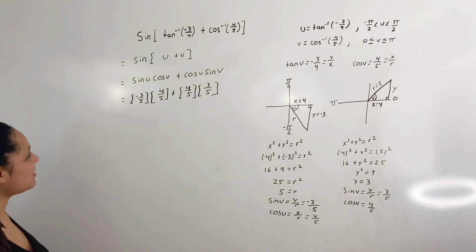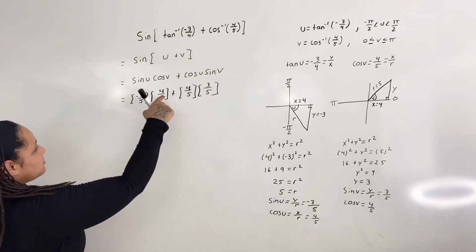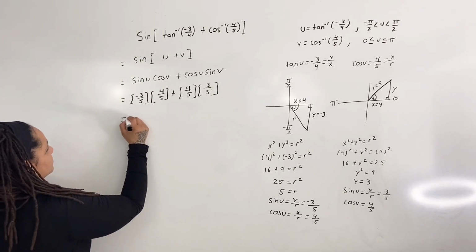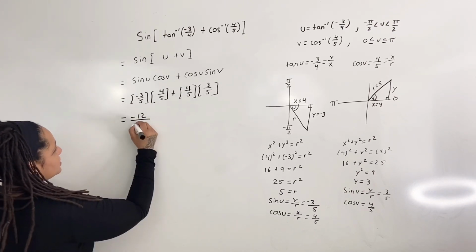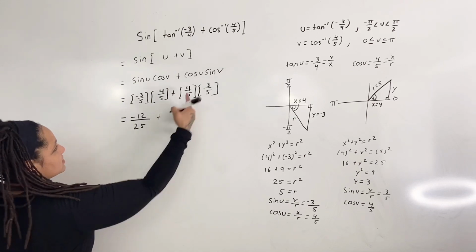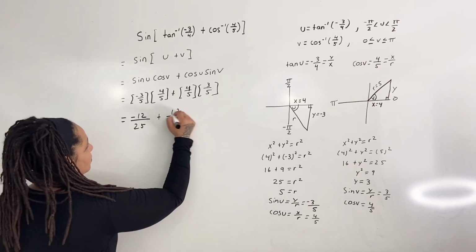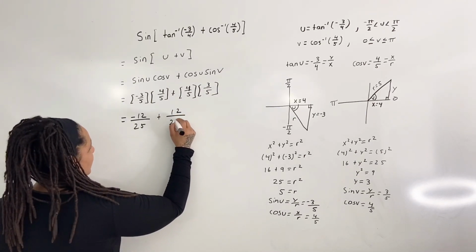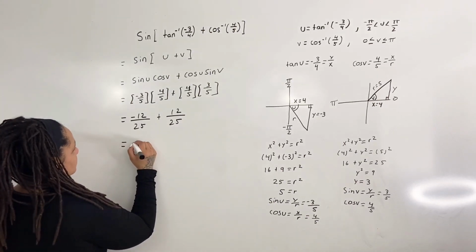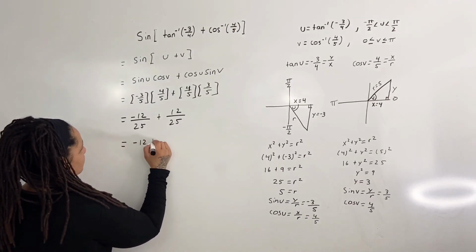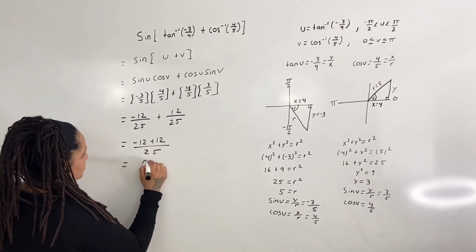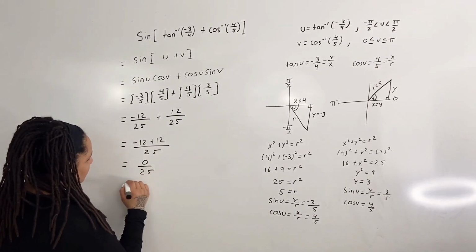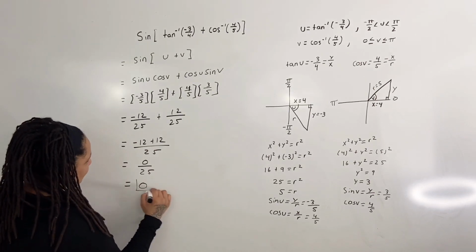And simplifying everything, we have -3 times 4, which is -12, over 5 times 5, which is 25, plus 4 times 3, which is 12, over 5 times 5, which is 25. And this will equal -12 plus 12 over 25, which is equal to 0 over 25, which is equal to 0.